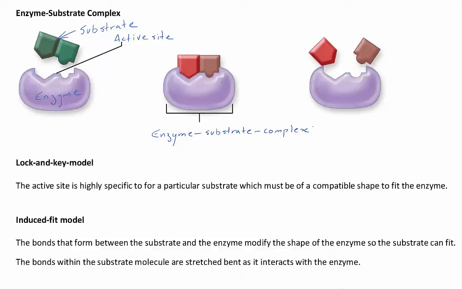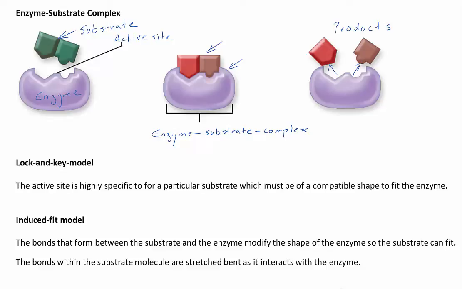And that's represented here by the substrate being bound to the enzyme. After the reaction is complete, the enzyme releases the products of the reaction. And this means the enzyme is ready to catalyze another reaction. Often, cells only need small quantities of enzymes because they are unchanged by the reaction and can be used again.